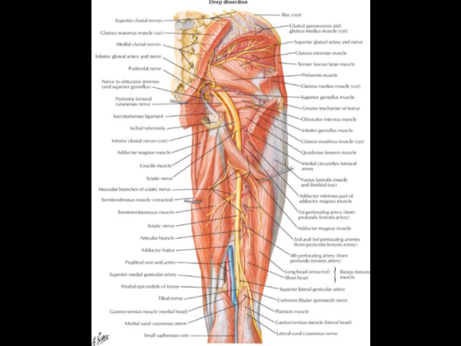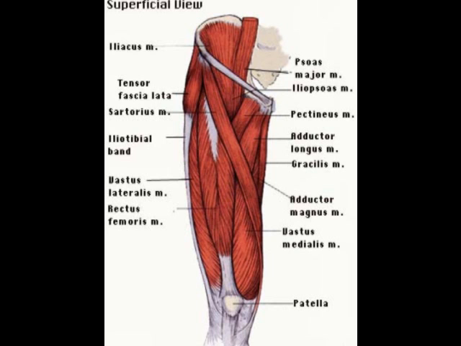And some more pictures of the adductor muscles. And then where the knee is there, you see the plantaris muscle. Okay, here's a front superficial view, or view closest to the skin, outermost area.